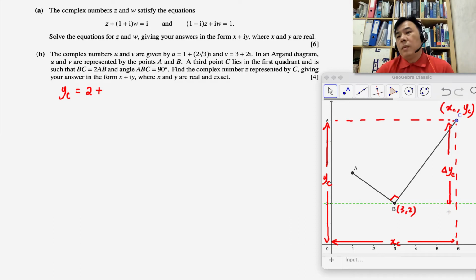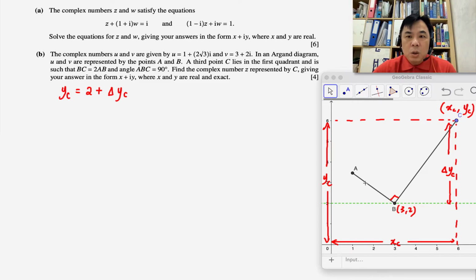That's how it looks at this point. Now, how are we going to find the extra increase of yc? I'm going to write it down here. We can find the length of AB quite easily.